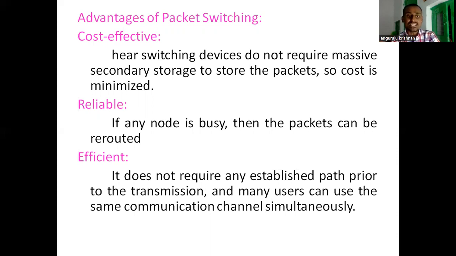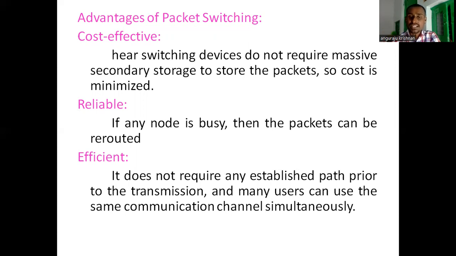The second one is reliable. If any node is busy, then the packet can be rerouted. The packet travels from source to destination by using the shortest path. If a particular path has more traffic, it will reroute the packets. Only then can it provide reliable communication between the source and destination. The last advantage is efficient.